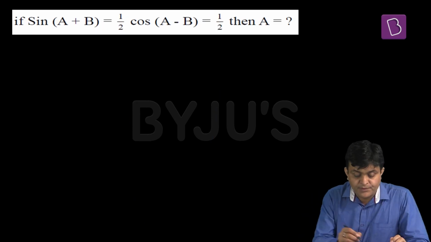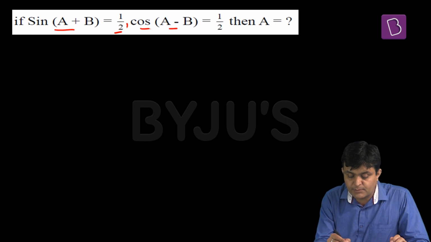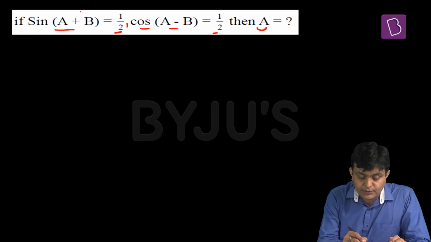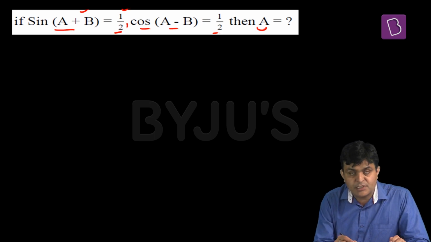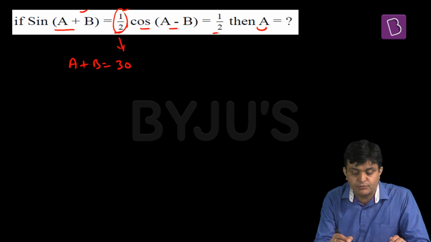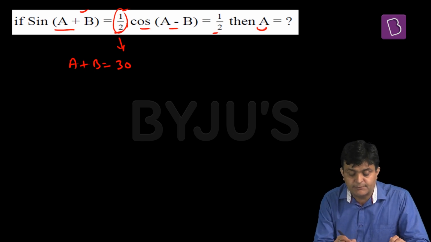See next question. If sin(A+B) is 1 by 2 and cos(A-B) is 1 by 2, then what is the value of A? We know that when sin(A+B) is 1 by 2, it means A plus B must be equal to 30, because sin 30 is 1 by 2, so A plus B is 30.